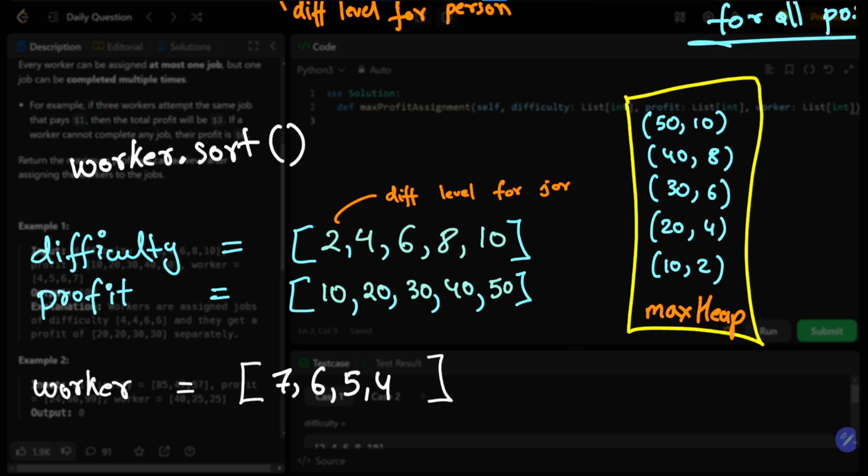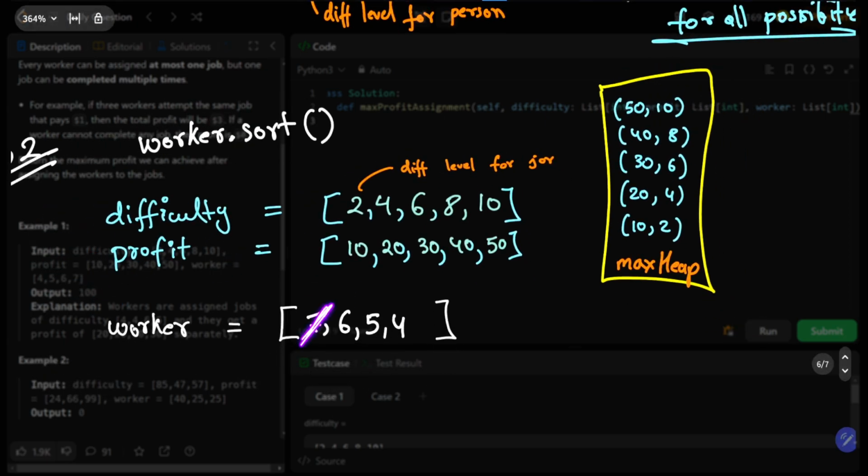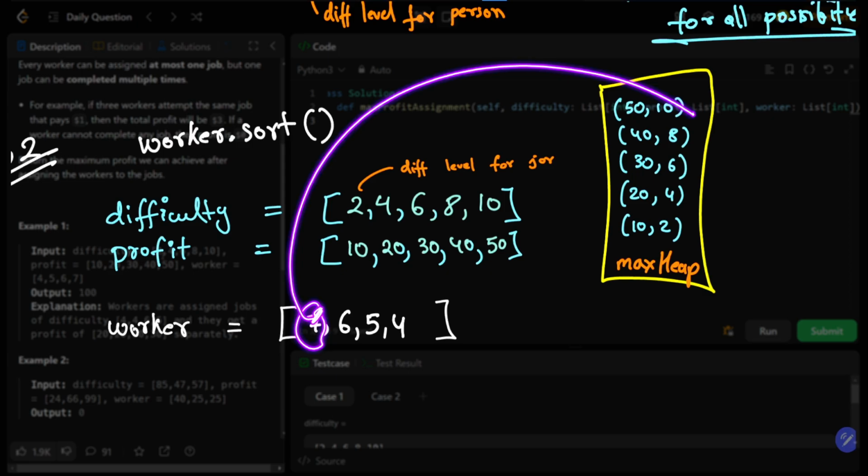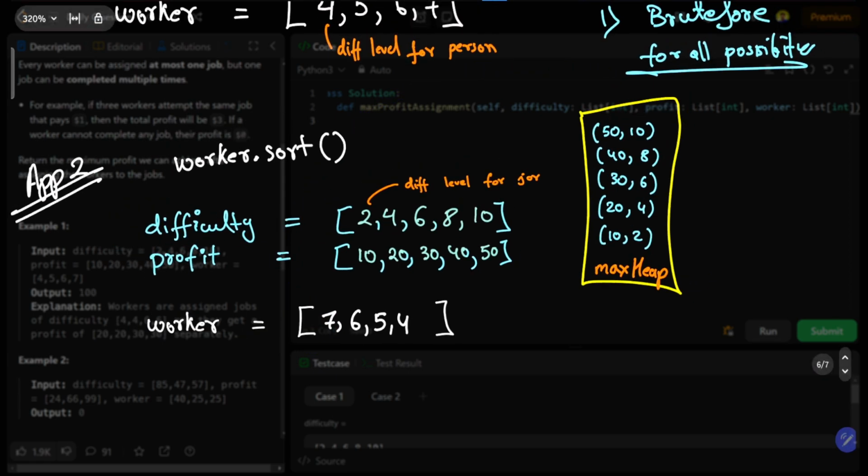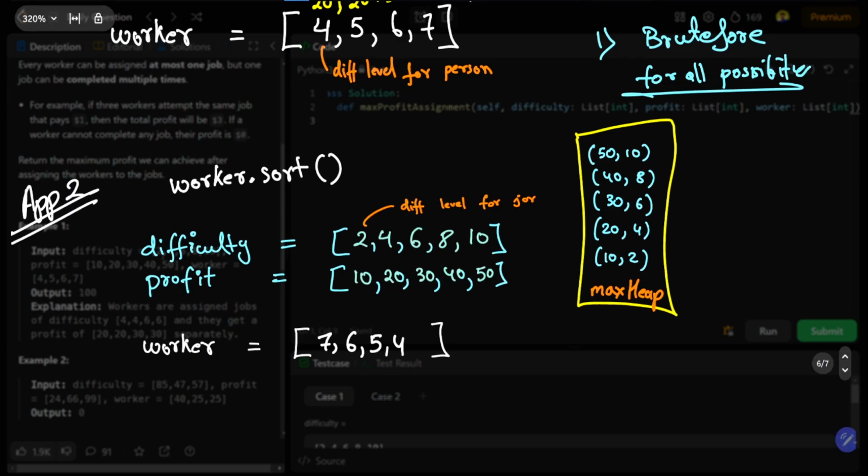Now if you see over here, I can iterate over this workers array. If this was my worker array, and this worker cannot do this job, I can remove this one.